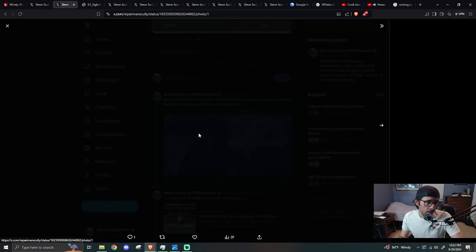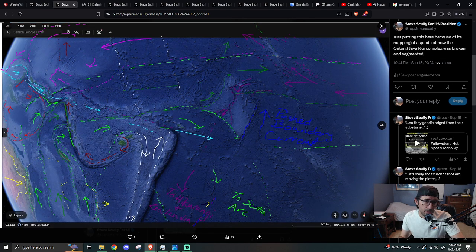Just gonna put this here because it's a mapping of aspects of how the Ontong Java Nui complex was broken and segmented. So here's Ontong Java, here's all these currents. Currents going northward along the eastern margin of Australia, running into other currents, bending off this way, and physically taking Manihiki and pushing it this way, away from Ontong Java. Pushing it while there's other currents running into it.